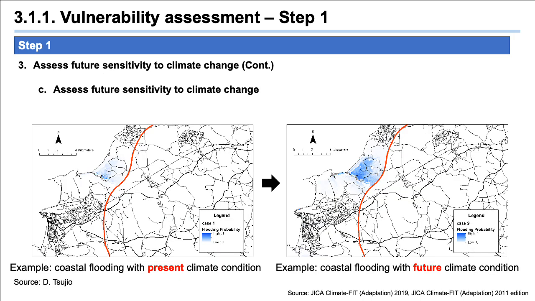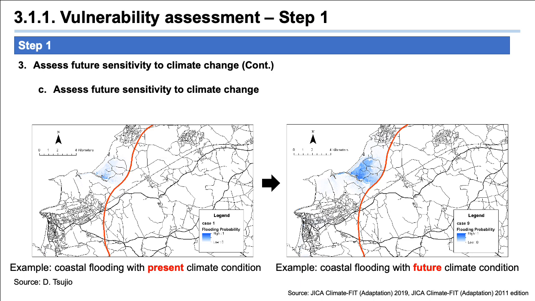The 3C in step 1 is to assess future sensitivity to climate change. We have to study the submarine and coastal topographic features, coastal characteristics such as wave flow and longshore sediment transport, and coastal vegetation of the target coastal area.